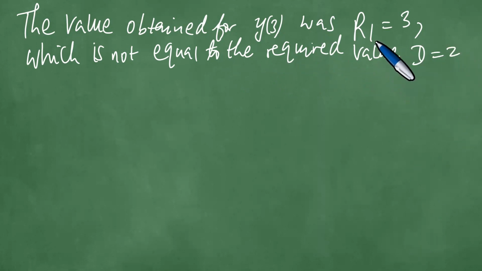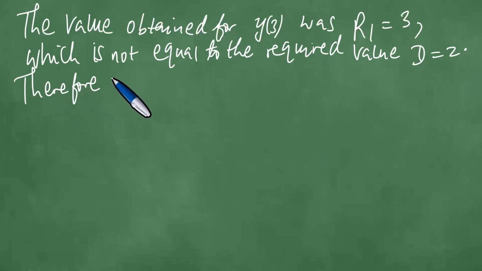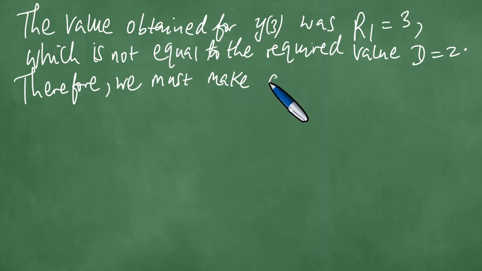Through the shooting method, the result is called R1, and the required one is called the D value, D equals 2. Therefore, we must make another guess because that 0 did not work. The first guess, G1 equals 0, did not work. So therefore, we must make another guess.